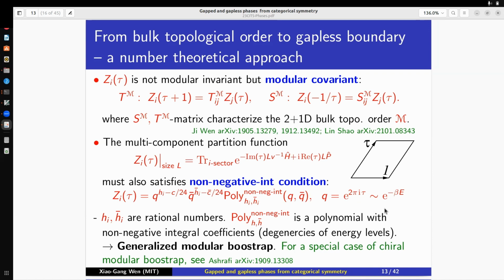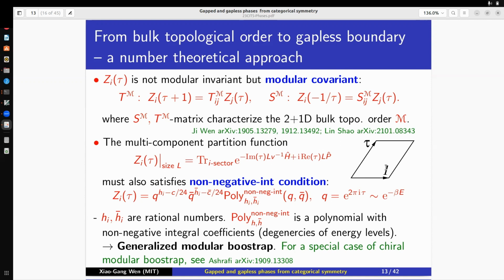I should say that what I said is not quite accurate. This q, e to the i tau, corresponds to a state with momentum maybe 1 over L, or with energy 1 over L. In conformal field theory, we have a linear dispersion relation.